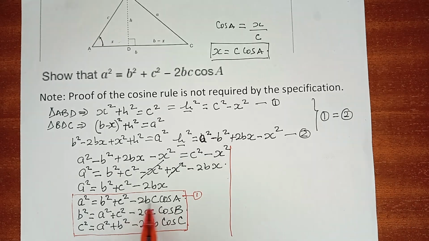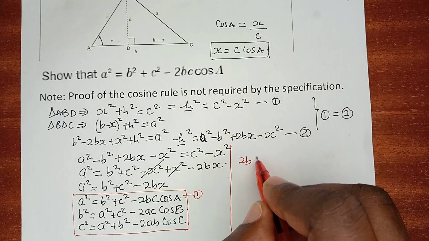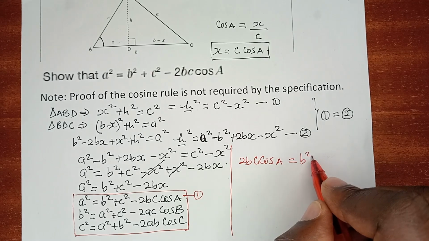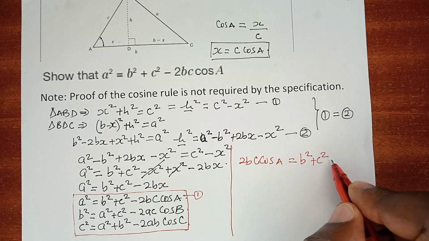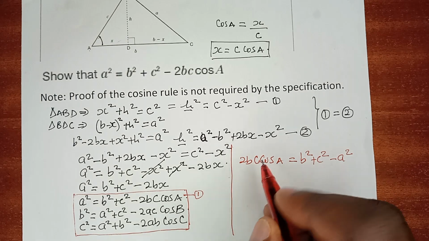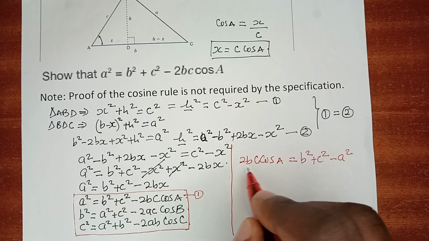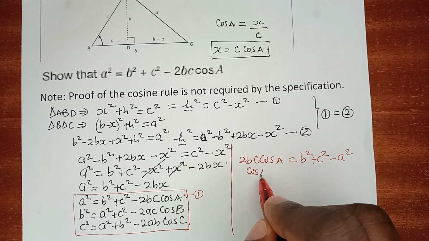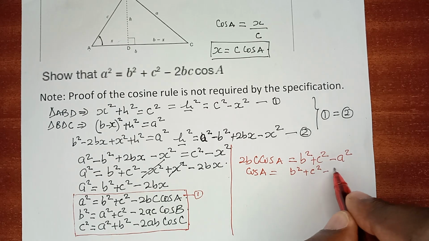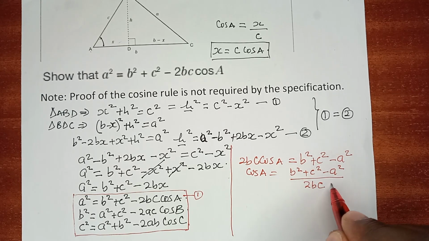And we can easily say, if we take everything across, 2bc cosine A is equal to b squared plus c squared minus a squared. And because we want to calculate the angle, of course, we divide both sides by 2bc, and we can see the cosine of angle A is b squared plus c squared minus a squared, everything over 2bc.